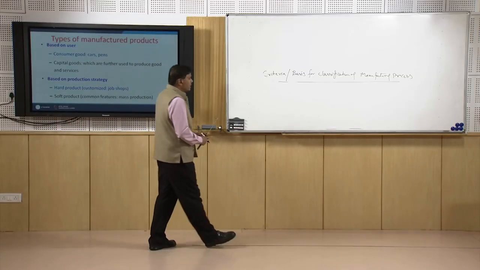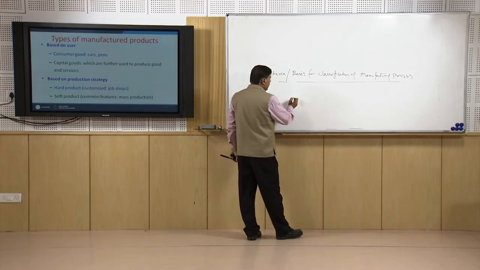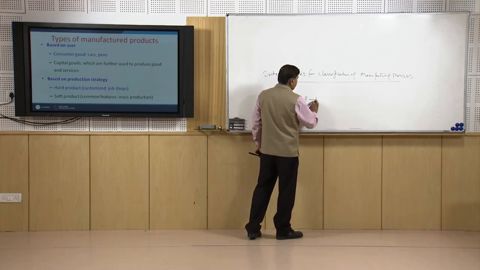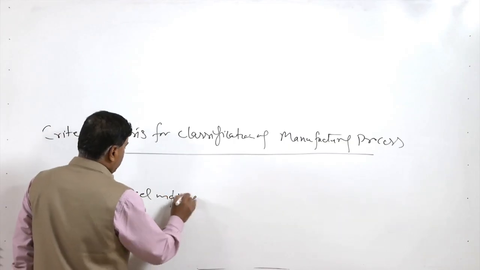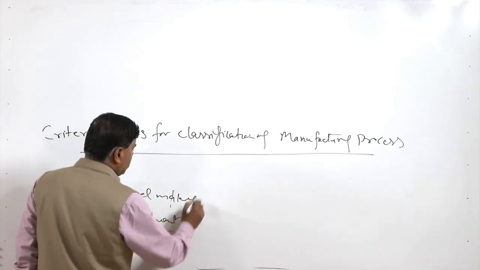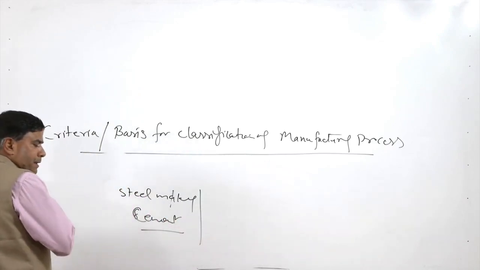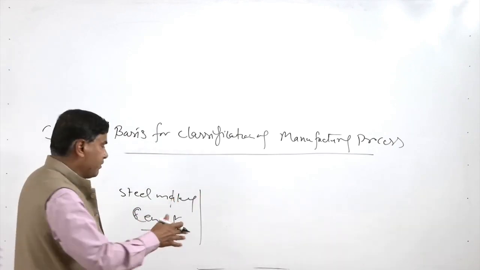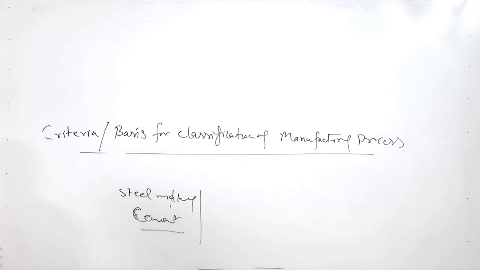There are various industries like the steel making industry, cement industry. These are examples where the raw material enters in the initial stage and then comes out in the final form of the product to be used.